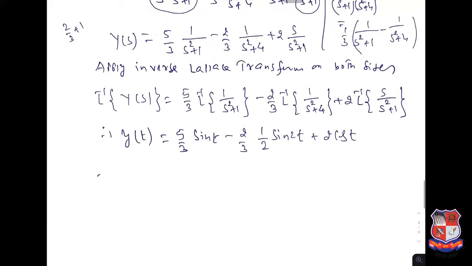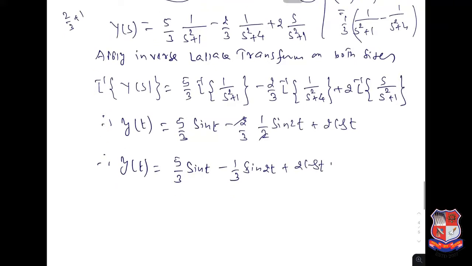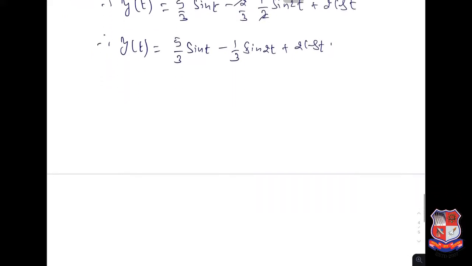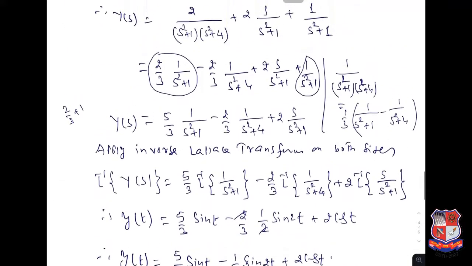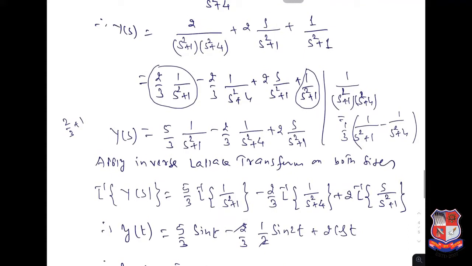So the answer is y of t equal to 5 by 3 sin t minus 1 by 3 sin 2t plus 2 cosine t. So that is one example on that. We stop here. Next we shall take 2-3 more examples and we finish the chapter.